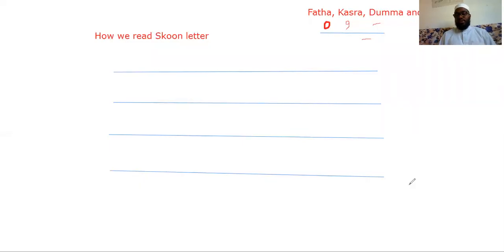Our task for level 1 today is how we read the sukun letter. As we know, we have 3 or 4 voices of harakat. In Arabic we say harakat, and in English they say voices.